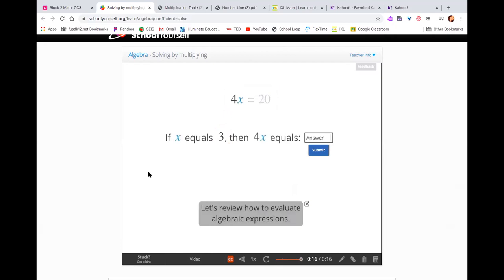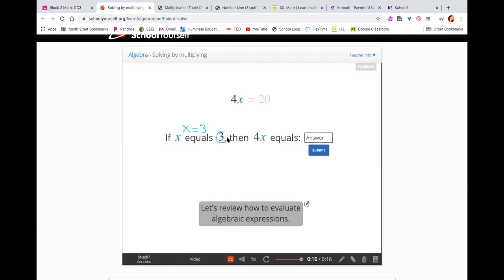So what do we think? If x equals 3, then 4x will be what? So it's telling us, like an equal sign, it's saying x is equal to 3.